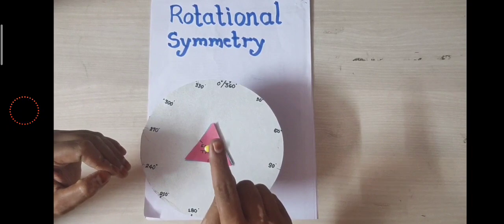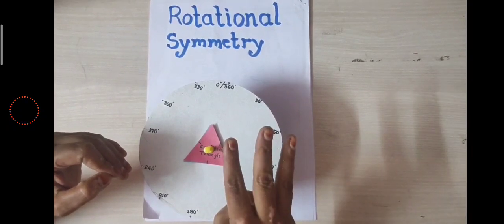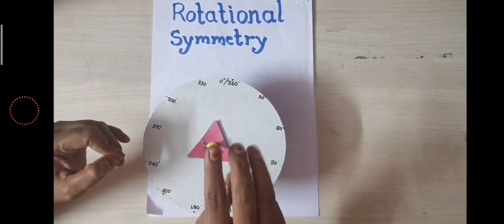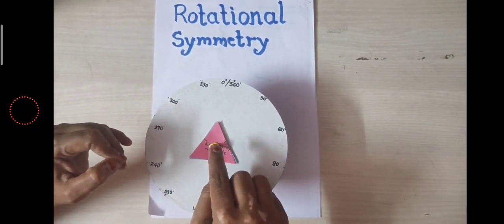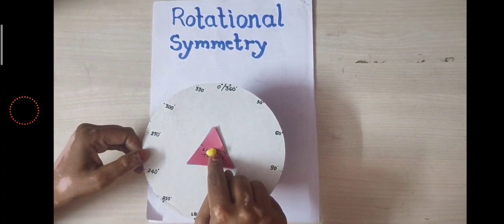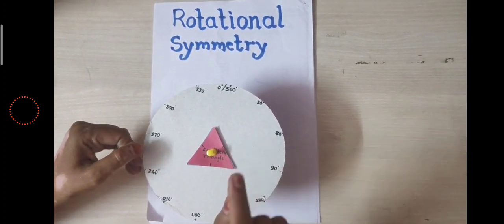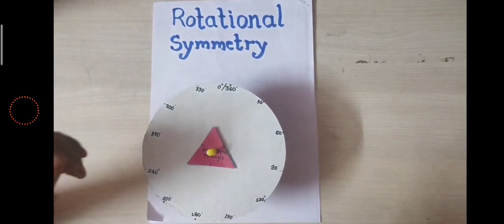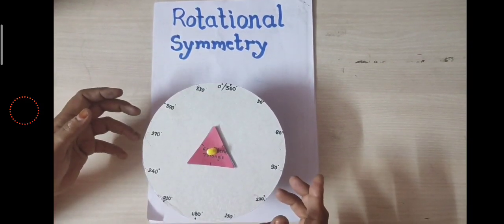One time, two times at 240, and third time at 360. So the order of rotation is 3. Okay, and this yellow point is the center of rotation. We'll move ahead with our new figure. So the order of rotation is 3 for an equilateral triangle.